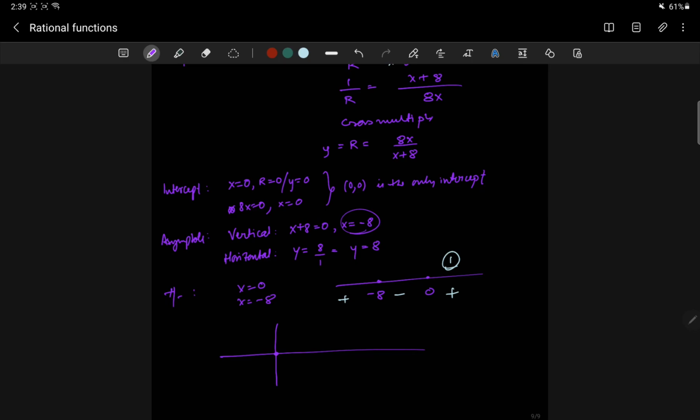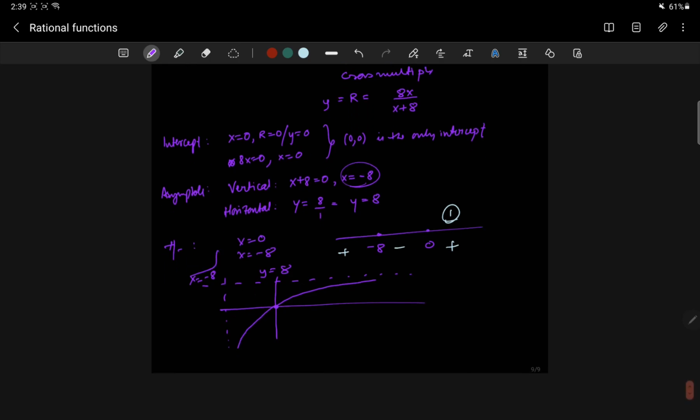There's a vertical asymptote at x equals negative 8. There's a horizontal asymptote fixed at y equals 8. Beyond 0, it's positive. Between 0 and negative 8, it's negative, so it goes down here. And it's positive somewhere here.